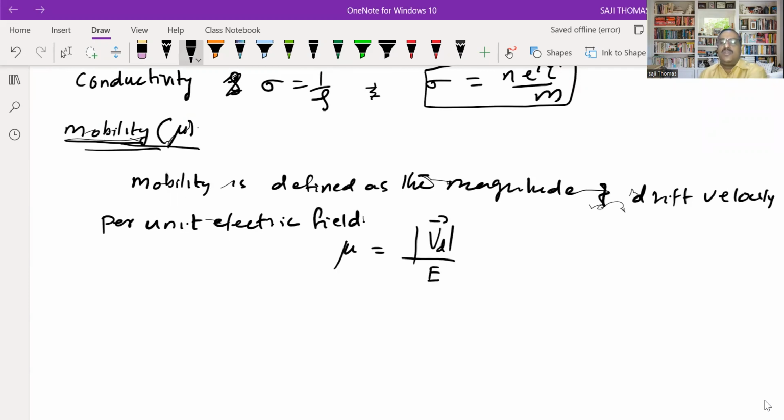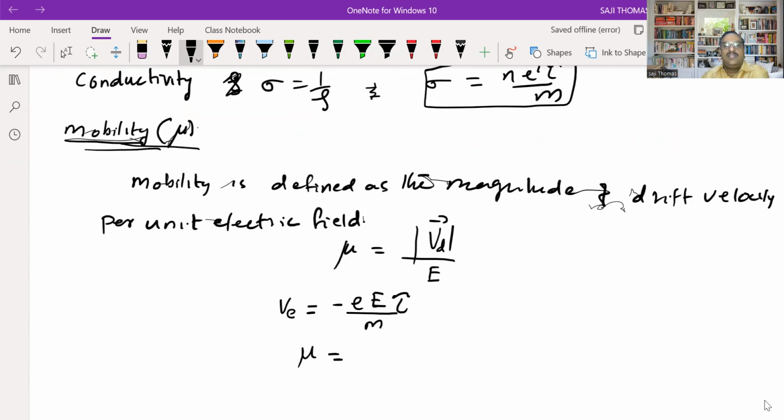And what is the equation for drift velocity? Drift velocity equation is minus eE divided by m into tau. So what will be the mobility?